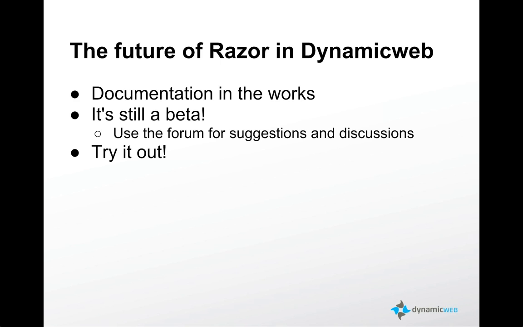And during this beta phase, you should use the forum for suggestions and discussions on how to use Razor and how we can improve Razor support in Dynamicweb to make it easier for you to use Razor and get the full benefit of using this really powerful template language.